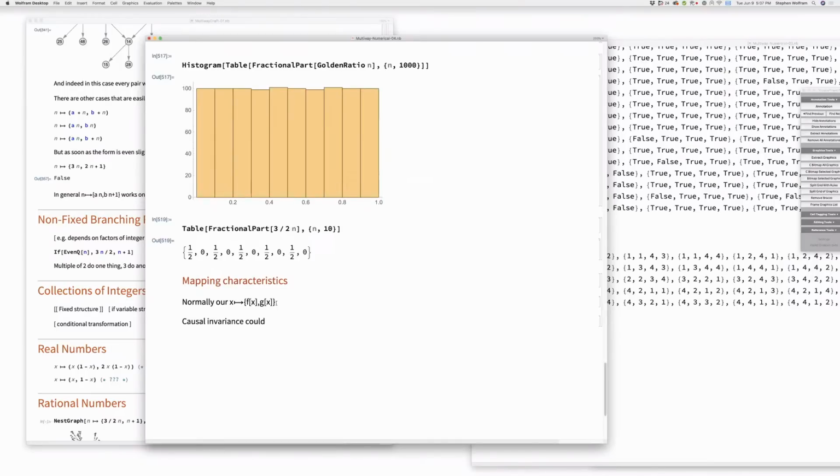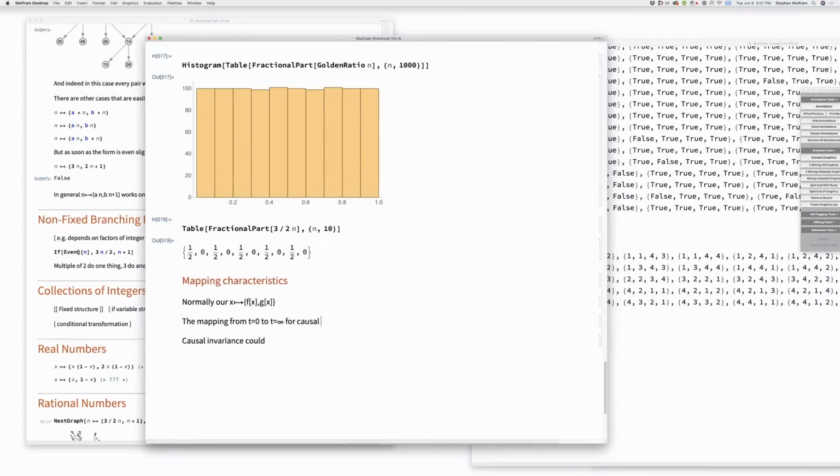Is there a notion of sort of average injectivity? Because that's what you're talking about, right? In the end, what we would like, the mapping from the t equals 0 state to t equals infinity, we want for causal invariance that mapping to be injective.